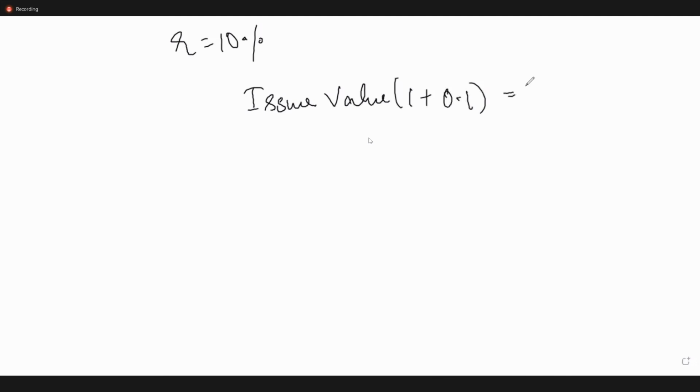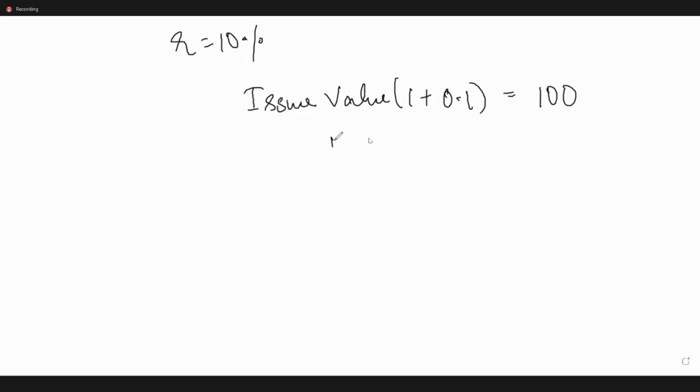So I don't know what that discount price is, but I know that the investors require a return of 10%. So I have to issue in such a way that the investors get a return of 10%. And you know the nature of deep discount bonds. It is always redeemed at face value, that is $100.